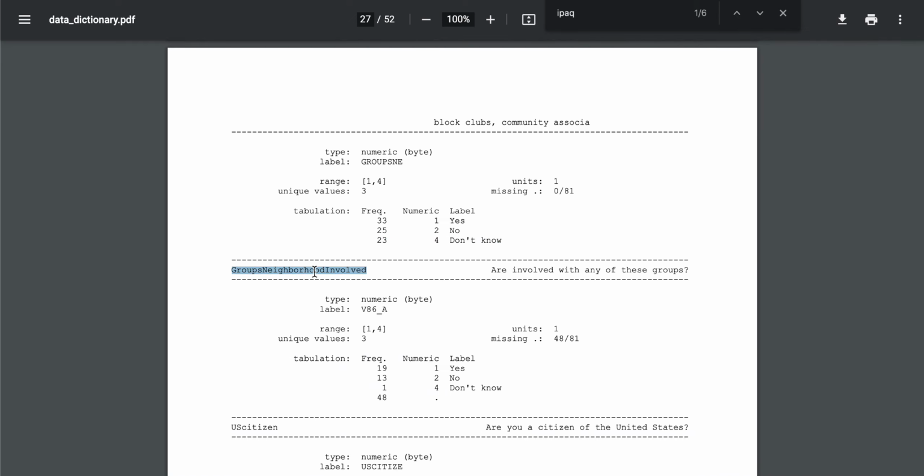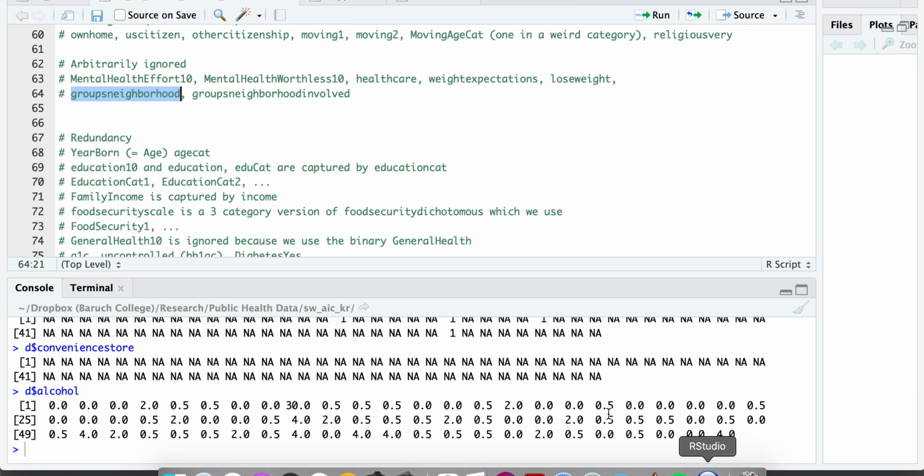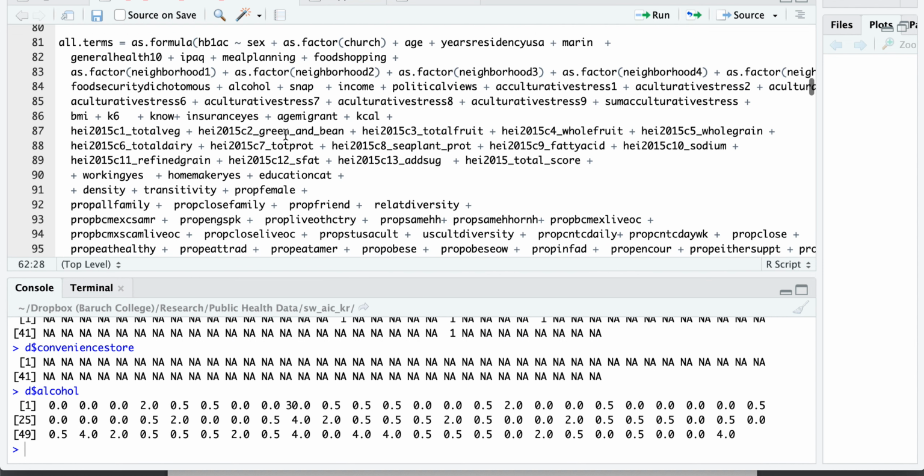Groups, neighborhood, involved. So when I say arbitrarily, I should say to be discussed. We need to discuss these. Then let's see.